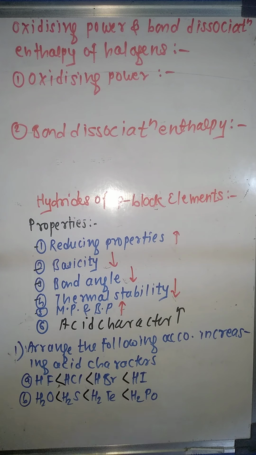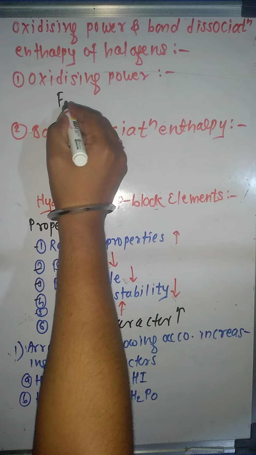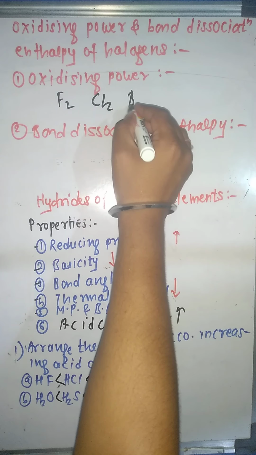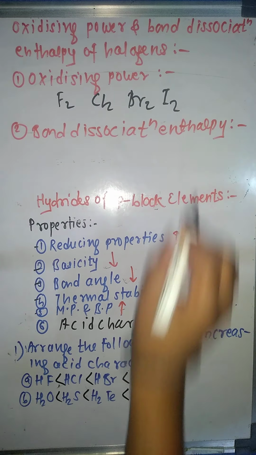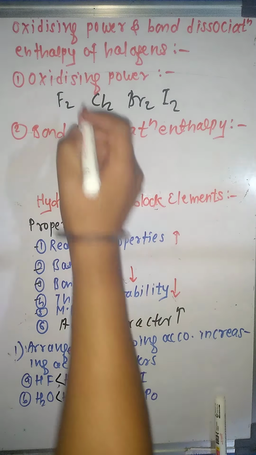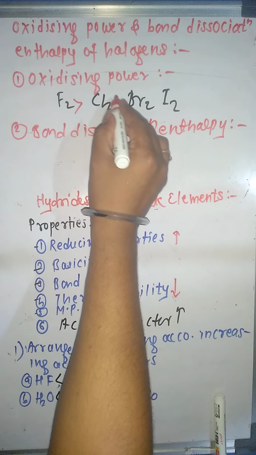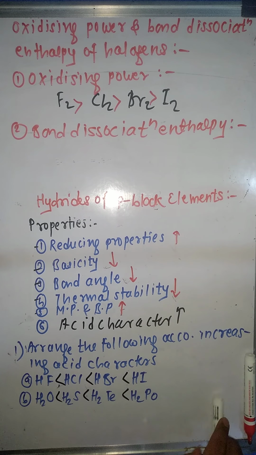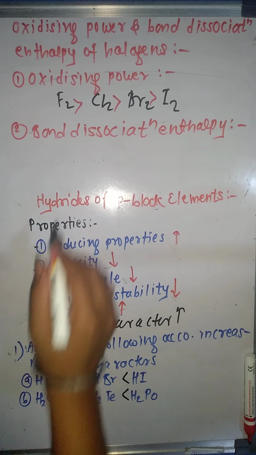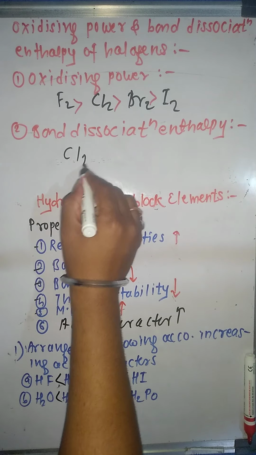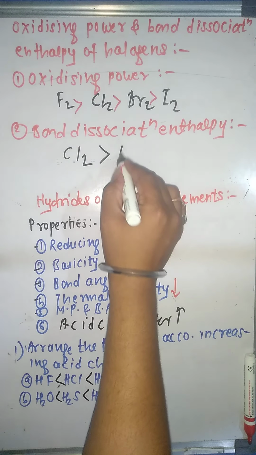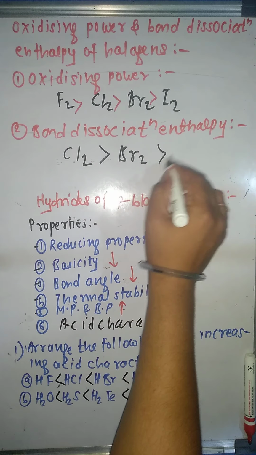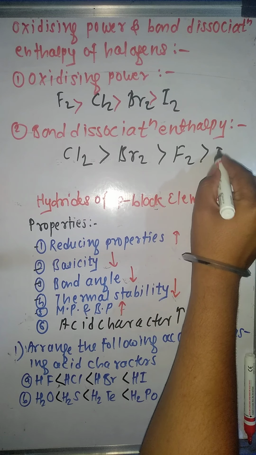For halogens, we have fluorine, chlorine, bromine, iodine. So remember that the oxidizing power of fluorine is always greater as compared to chlorine, bromine and iodine. While in case of bond dissociation enthalpy, you have to remember that the bond dissociation enthalpy of chlorine is greater than bromine, greater than fluorine, greater than iodine.